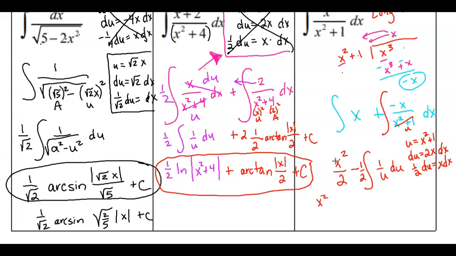So x squared over 2 minus 1/2, and then this is natural log. Now, do we need those absolute value bars? No, because x squared plus 1 is always positive. So I'm going to leave them because why not?